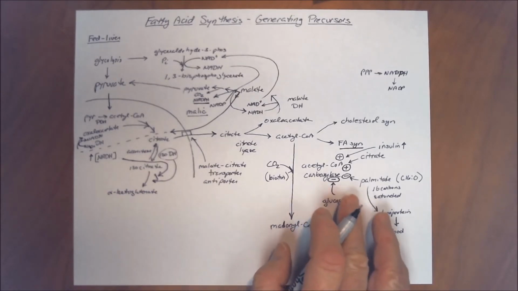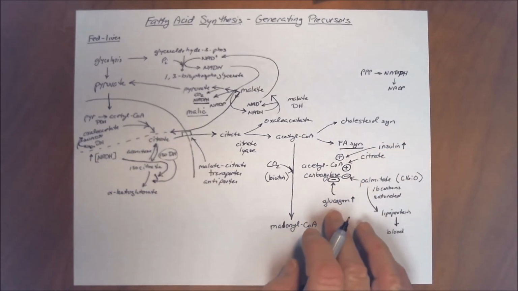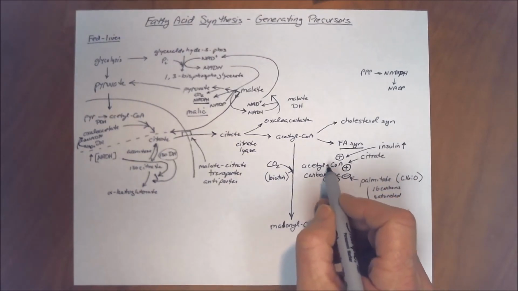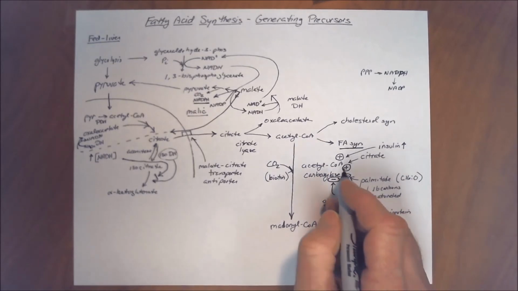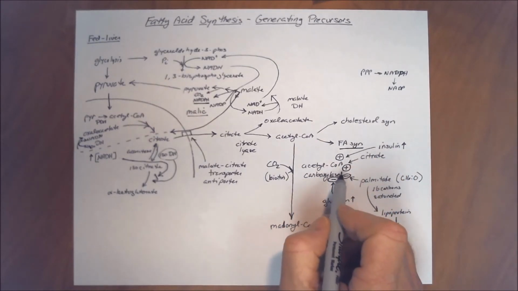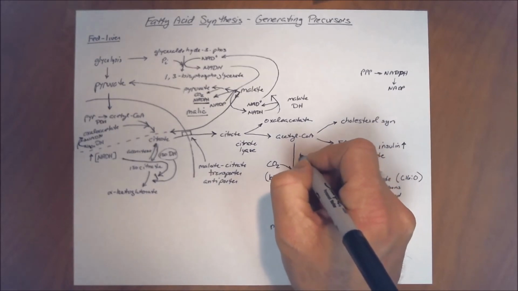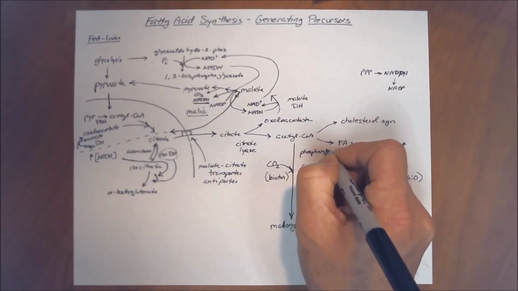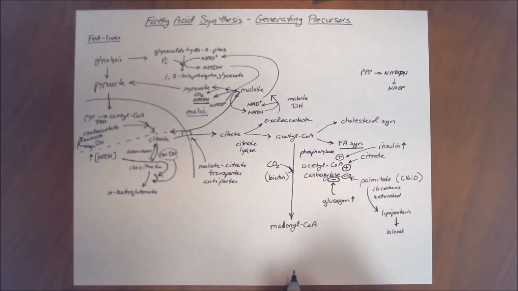Now this is done, because these are hormonal effectors, through other proteins, a higher regulatory mechanism, rather than binding directly to the enzyme and regulating it. So the insulin, in order to activate the acetyl-CoA carboxylase, will activate an enzyme called a phosphorylase.